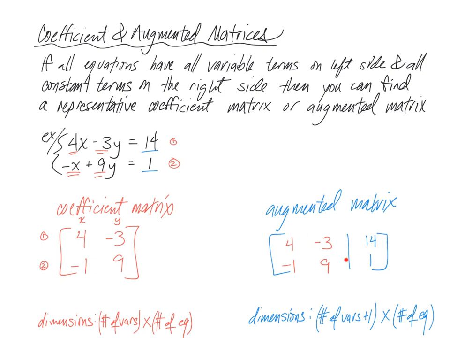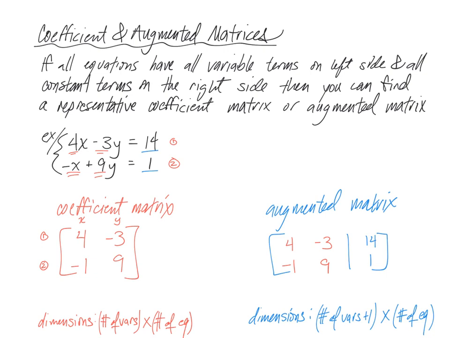And this vertical bar generally means that we will have equal signs there. So you can almost see it. You've got 4x, and the 4 is here, minus 3y equals 14. Negative 1x plus 9y equals 1. Normally we will not be writing the x's and the y's above these two columns, so you'll just have to know what variables you're working with.